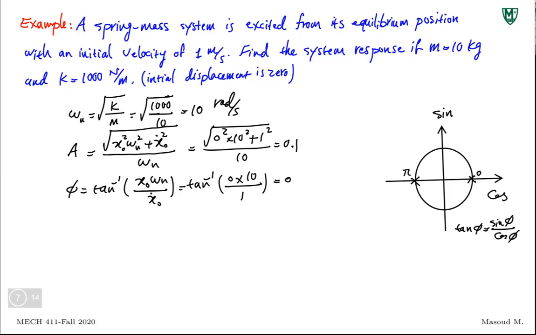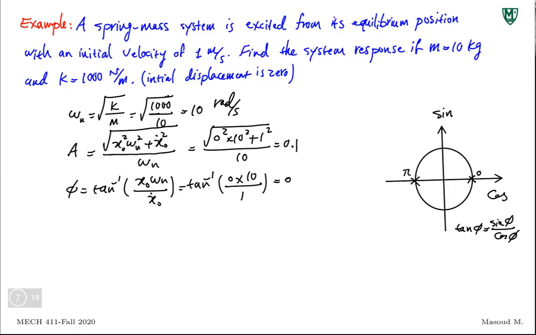Meaning that the cosine of that angle is 1, and sine of that angle is 0. So we can figure out that we are on 0. If this number was -1, which is not here, you would still have tan inverse of 0, but now your phase angle would have been pi.